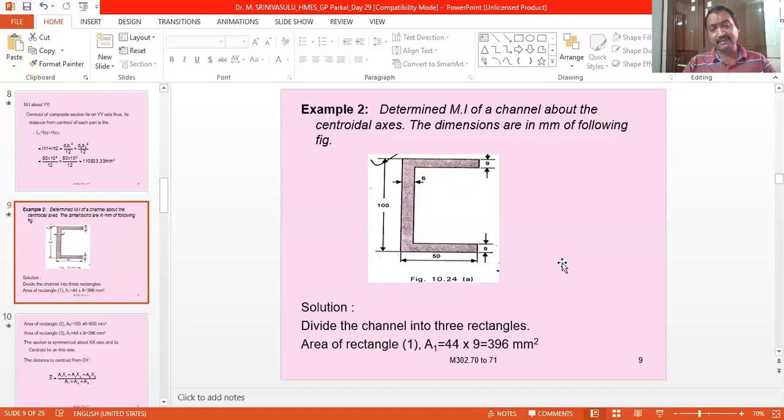So you only need to find out the x coordinate of the C section. And the y coordinate is how much? Generally half of the height from the bottom. This is having a height of 100 millimeters, so the y coordinate is exactly at 50 millimeters from the bottom edge.